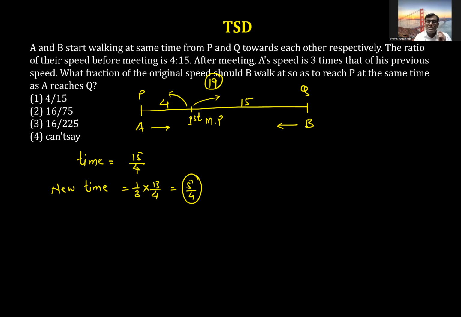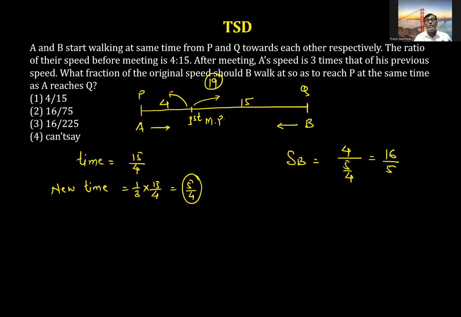Right? That means the time taken we know is 5/4 and the distance B has to cover is 4 units. So the new speed of B should be equal to 4 parts he needs to cover in what time? 5/4, which is equal to 16/5.